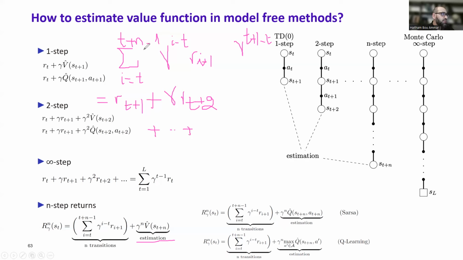Now let's look at the last term, when i is equal to t plus n minus 1. Instead of i we put t plus n minus 1, minus t, and the t's cancel, so you get gamma^{n-1}, and then R_{t+n}.